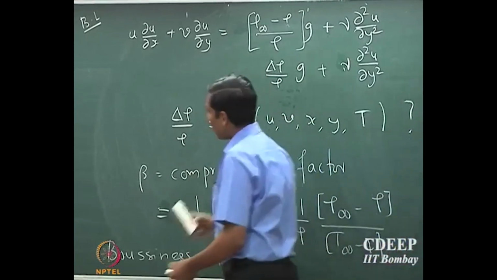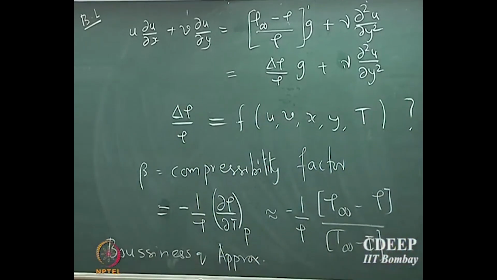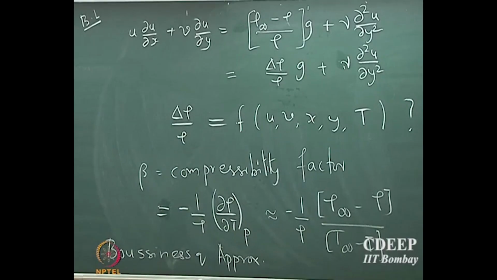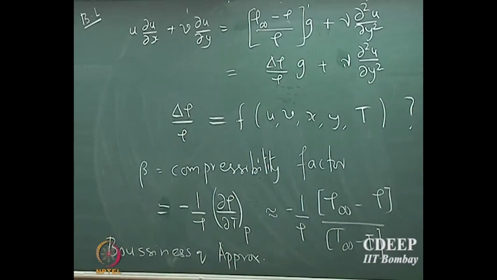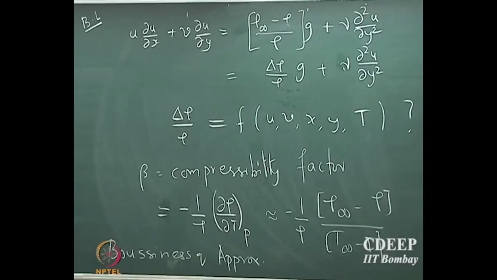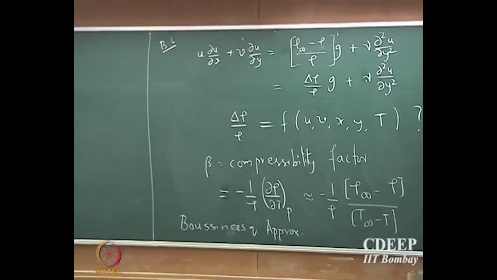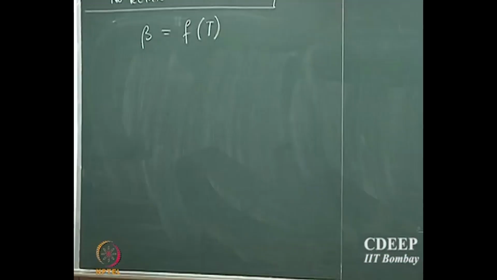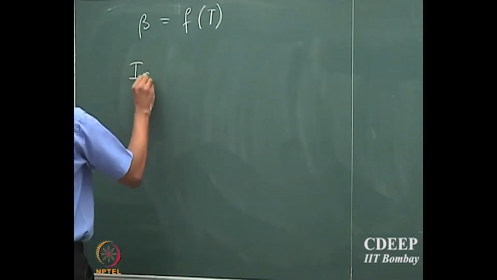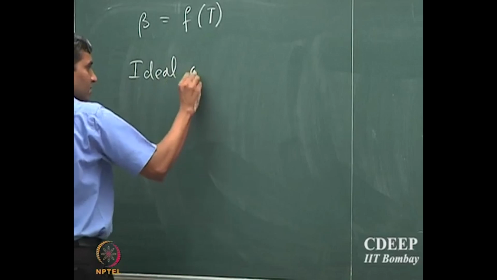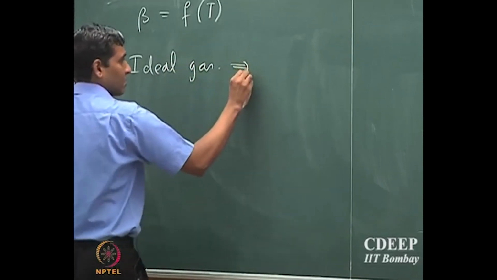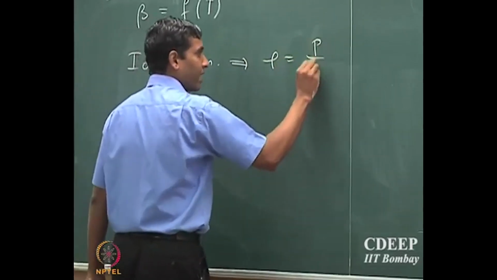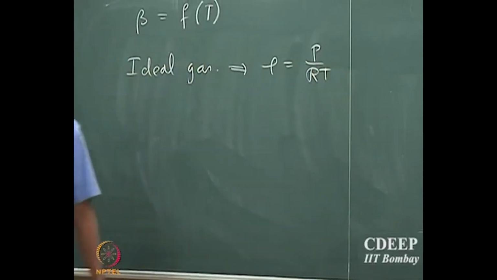Now just to get a feel of how this compressibility factor really plays an important role, the compressibility factor, obviously, is a function of temperature. Compressibility factor itself is a function of temperature. Okay. Suppose we say it's an ideal gas, so rho is given by P by RT, for an ideal gas.